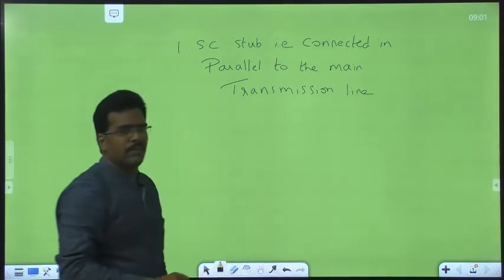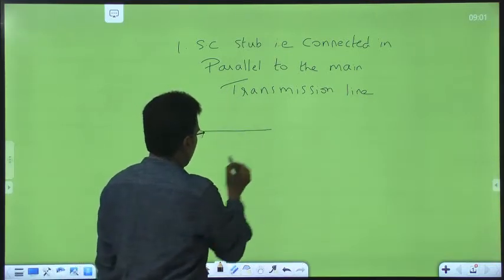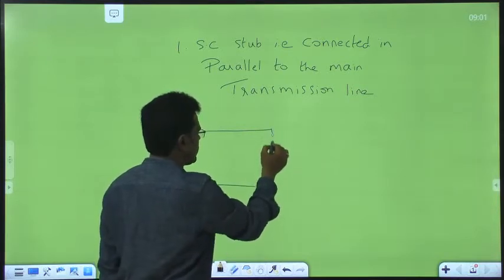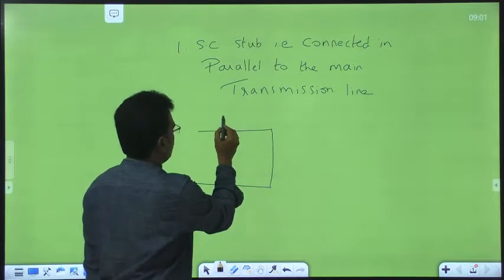Why? Because of two advantages. One is, short circuited stubs provide mechanical support because the length is some 1 meter.